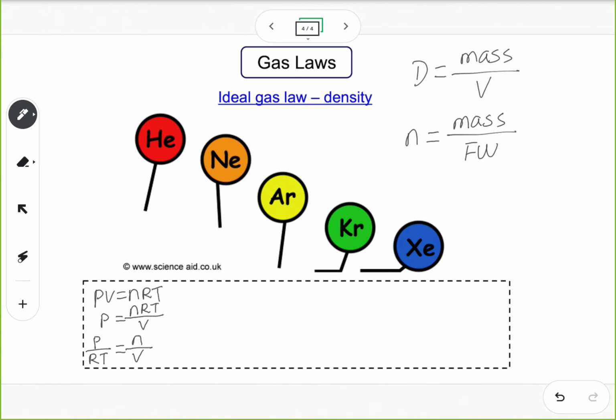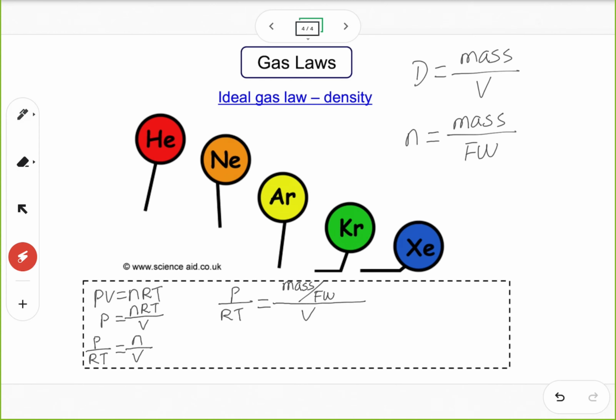That will tell us P over RT equals mass divided by formula weight, and then you still have the volume at the bottom. Now remember our target is to come up with mass over volume, and you have a formula weight here.